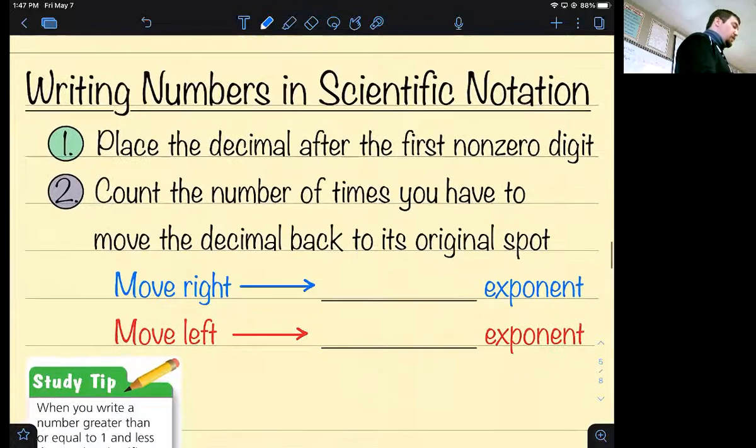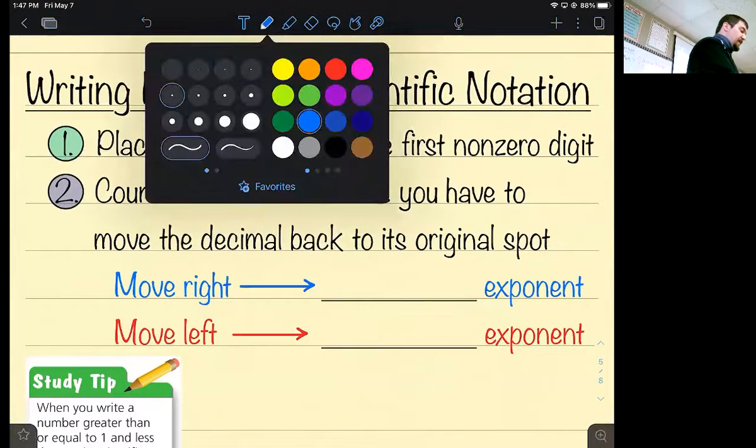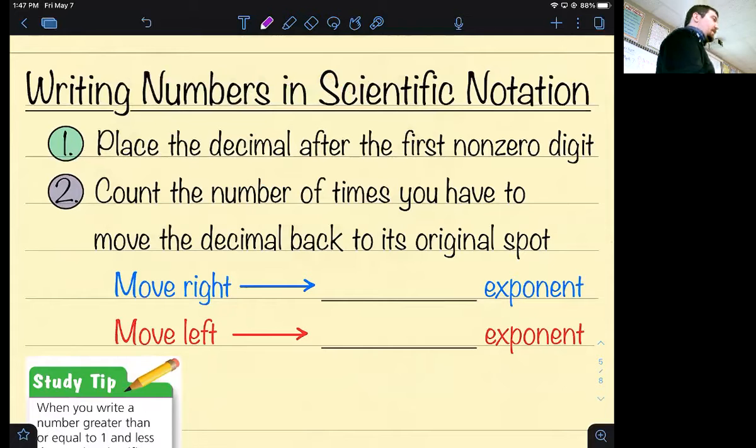Okay, so just to clarify, in case you didn't catch that, writing numbers in scientific notation is pretty easy. Place the decimal after that first non-zero digit. That makes sure the number is between 1 and 10, like it's supposed to be. It can be equal to 1, but it can't be equal to 10, because then if it's 10, now it's 1.0. So it's got to be between 1 and 10. Then count the number of times you have to move the decimal back to its original spot.